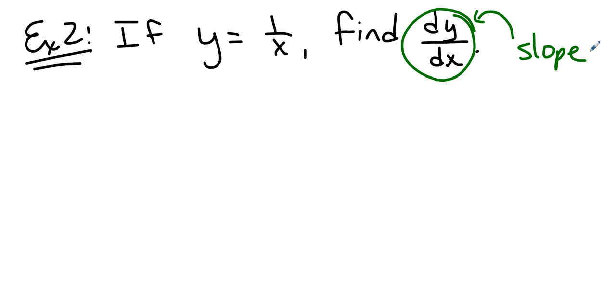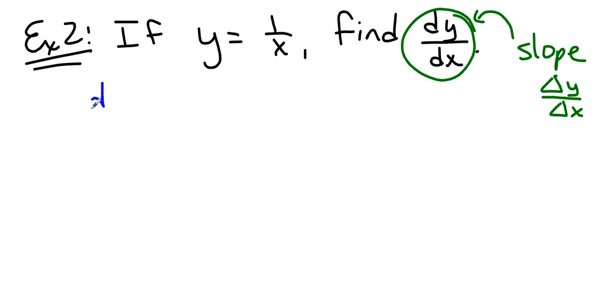You learned when you were much younger that slope is delta y over delta x. It's a change in y over a change in x. Leibniz used this notation for derivative because he wanted to remind everybody that a derivative is a slope. So he gave it a notation that is similar to the slope notation.